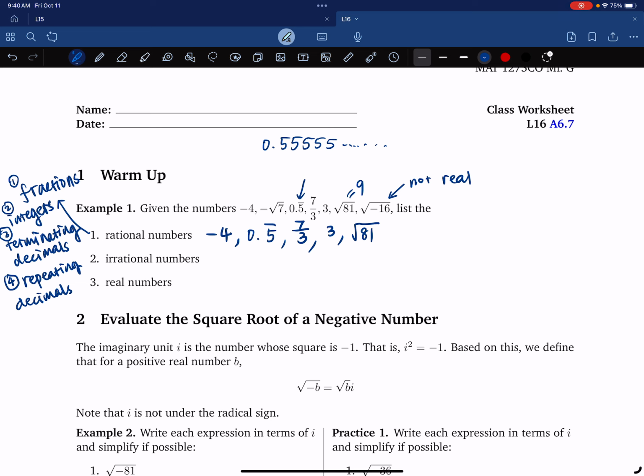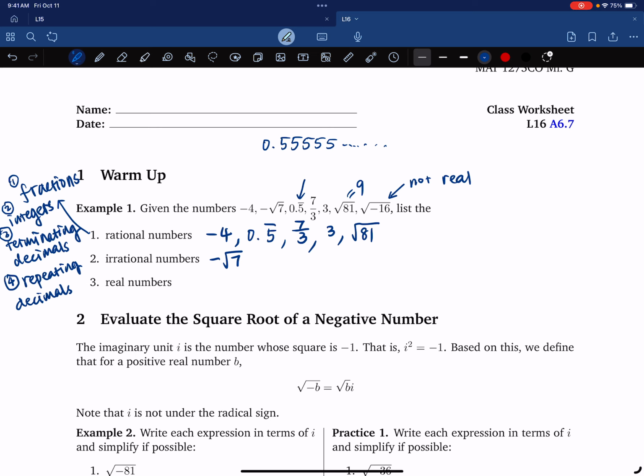The first one is negative radical 7. This one we didn't select earlier because it cannot be written as a fraction. And this is real, so that means it's irrational. And then there's another number that we did not use earlier, which is the last one, radical negative 16. So for this one, we said it's not real, which means it cannot be rational or irrational. Rational versus irrational, there are differences, but both of them must be real.